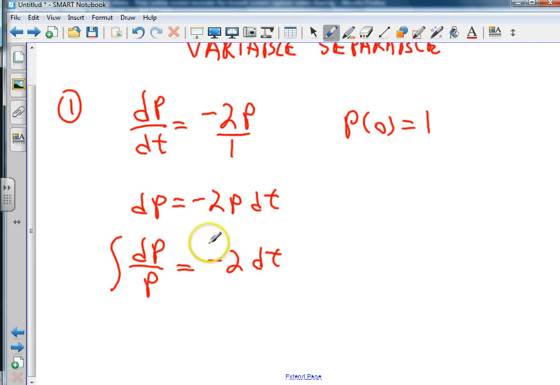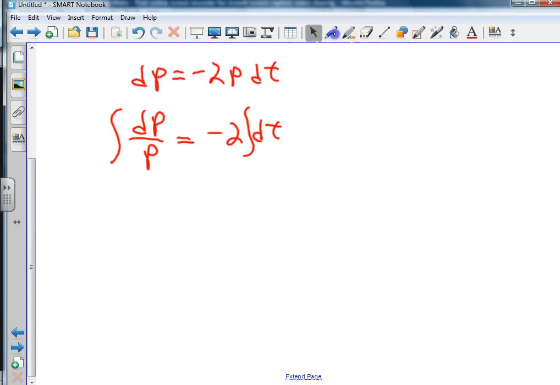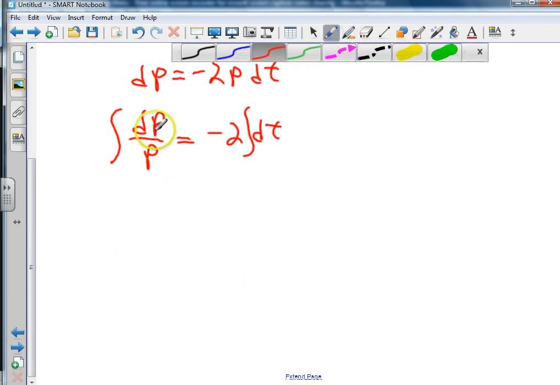Integrate both sides. I can put the integral here, I can put it over here, it really doesn't matter. And what do you get? What's the antiderivative of 1 over P dP?